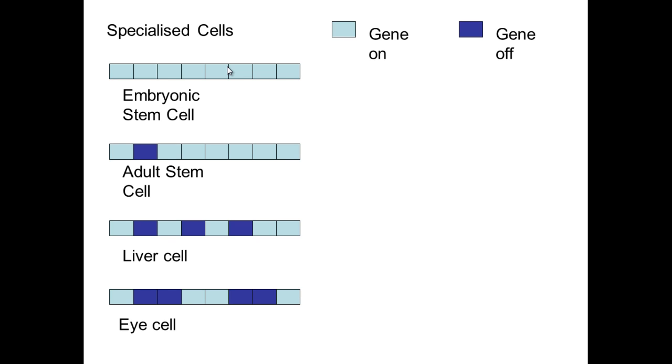Adult stem cells are partially specialised, so they can't turn into all types of cells because some of the genes, as you can see here, are switched off, but they can turn into some useful types, particularly blood. If you look here at your liver cell and your eye cell, you can see that a lot of the genes are switched off, but obviously there are different genes switched off in the liver cell when you compare that to your eye cells.